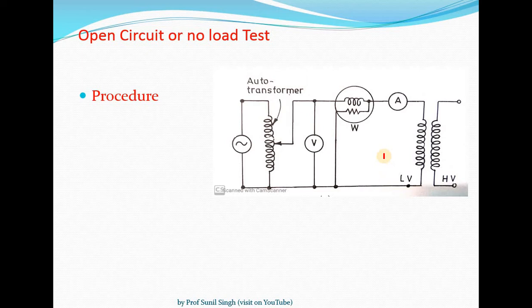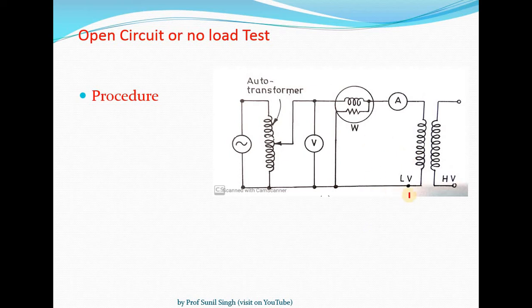Suppose the transformer rating is 11,000 by 400, as the rating of a distribution transformer. A meter to measure 400 volts is available everywhere, whereas a meter for measuring 11,000 volts is very difficult to find.